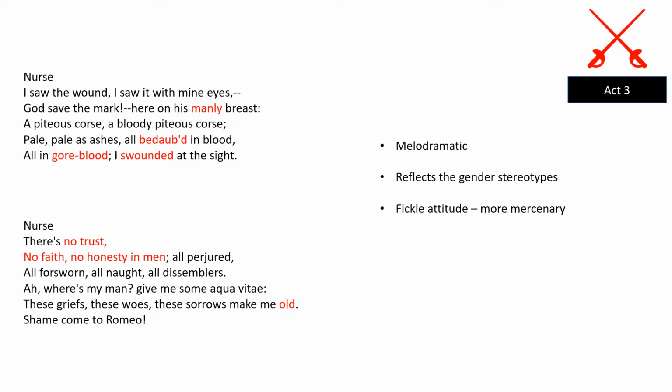If we have a look at how she describes the body, and she describes the wound and the mark, you can see that really she could have said less and still got the idea there, but she dwells in it. She's melodramatic, meaning over the top. It's an exaggerated style, but she focuses on the blood and the gore. Clearly she's shocked by it, as would everybody else be shocked by it, but the way she describes it is incredibly over the top, and it reflects in a way the character changing in here.